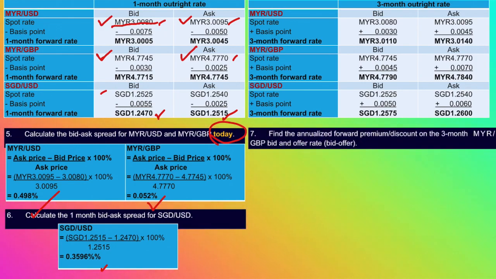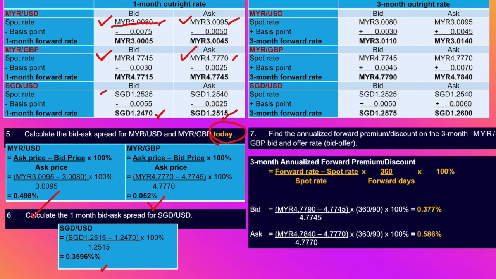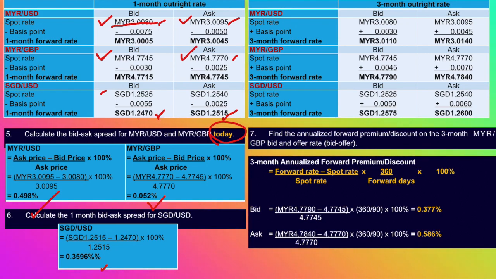Another question, find the annualized forward premium or discount for 3 months Malaysia ringgit per GBP bid and offer rate. Okay, for 3 months, so you have to calculate for the 3 months rate Malaysia GBP.